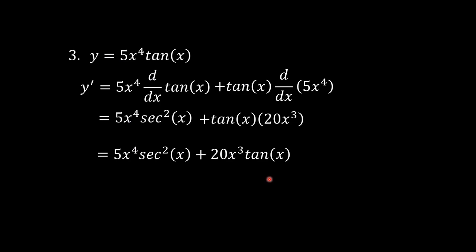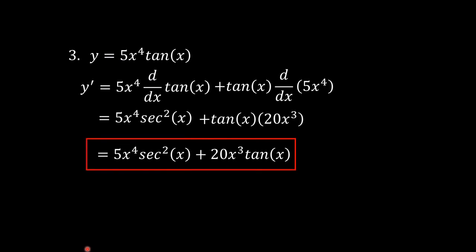So we have plus 20x cubed tangent x. So the answer is 5x raised to the exponent of 4 secant squared x plus 20x cubed tangent x.